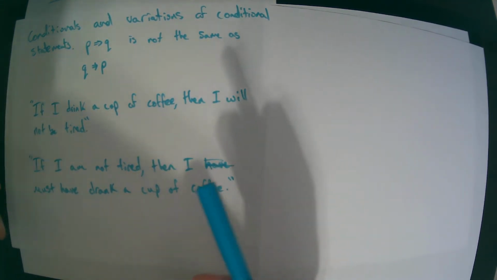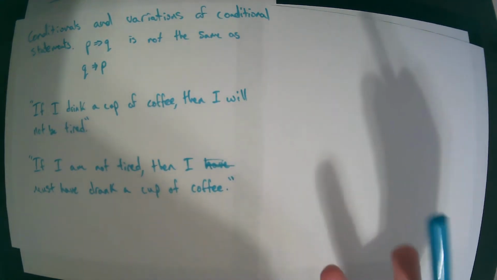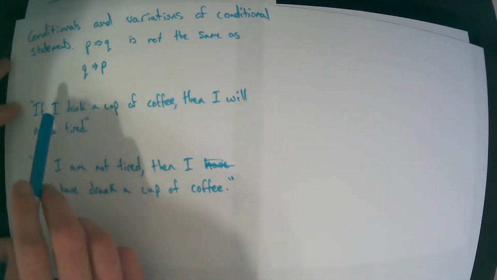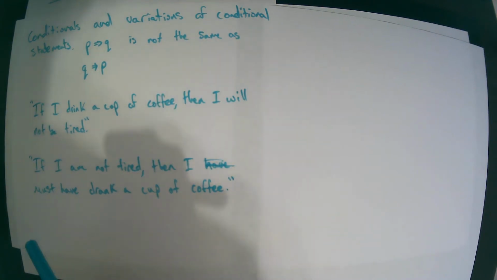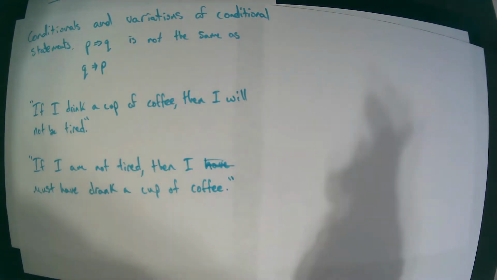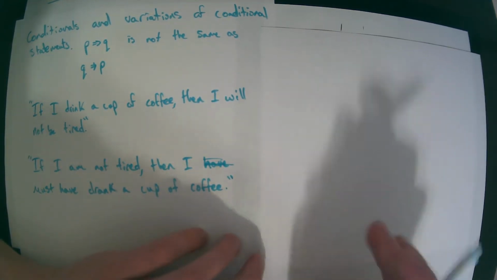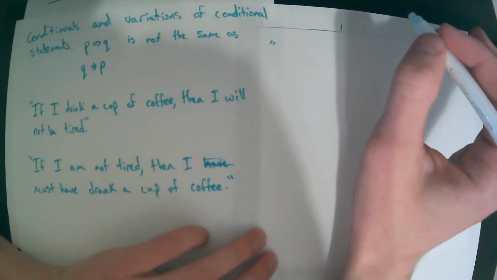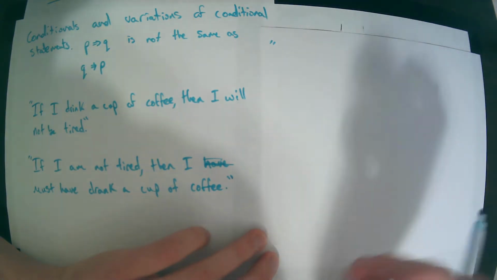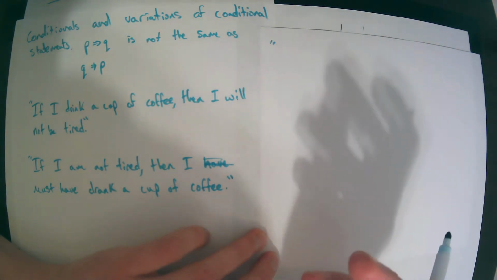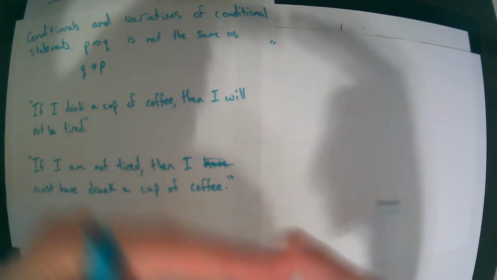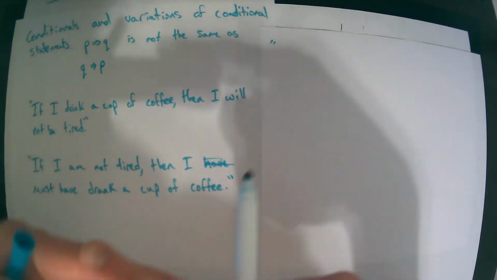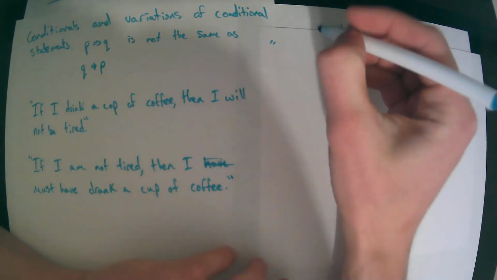Like I'm trying to tell someone I cannot function in the morning without coffee. The way you would say that, and no one really talks like this, but in math, this is how we say theorems that work in both directions. It's an if-then statement that does work in both directions.